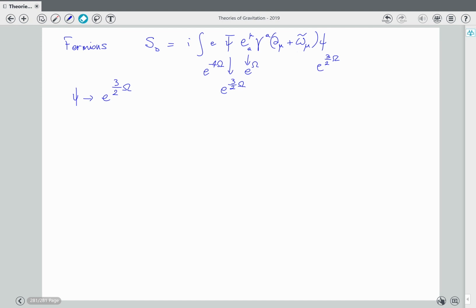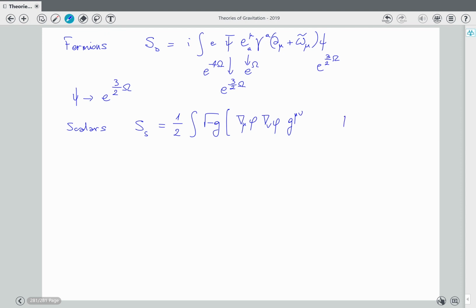What about the scalar fields? Scalar fields have an action that is equal to the square root of minus g, then you have partial mu phi, del mu phi is the same, g mu nu.